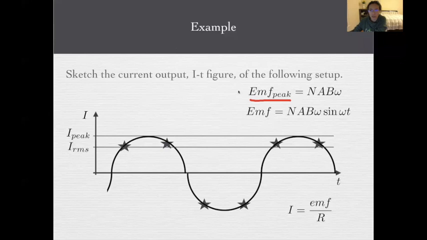And this peak EMF also depends on the area and the magnetic field, which makes sense because this is essentially magnetic flux. It also depends on how fast you rotate it, because it's like one over time.